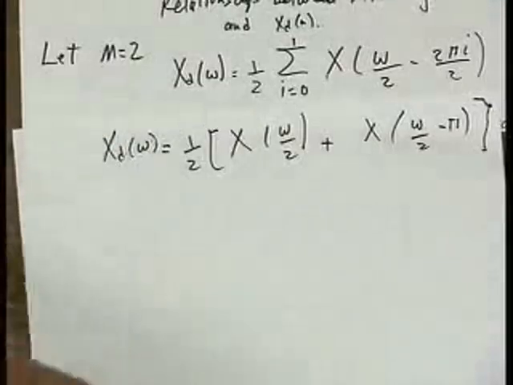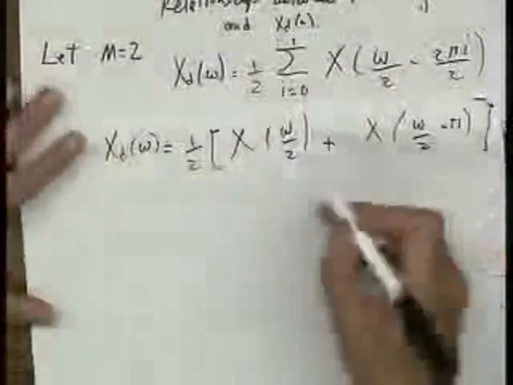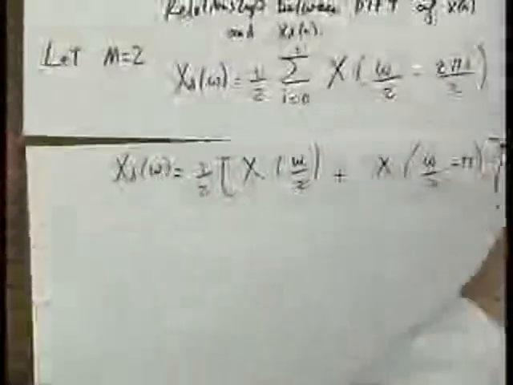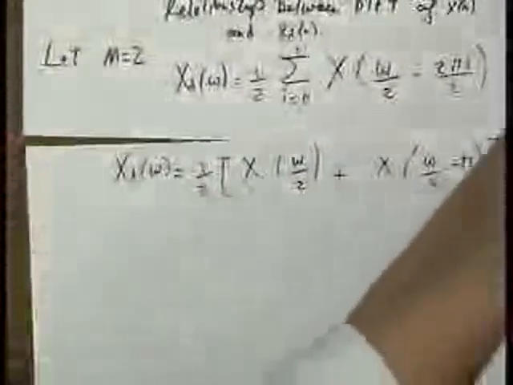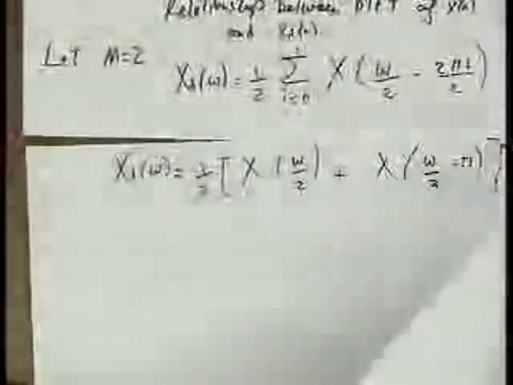But before I do pictures on Oppenheimer and Schafer, let's draw some spectrum here. Suppose I started off with some X of omega that looked like this.